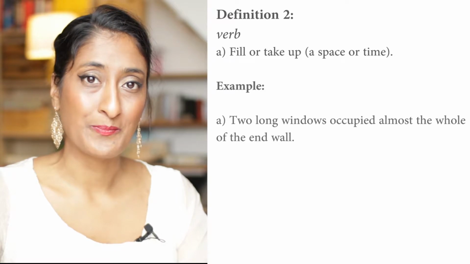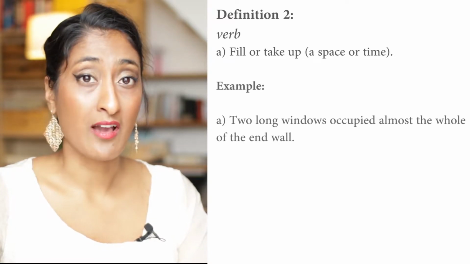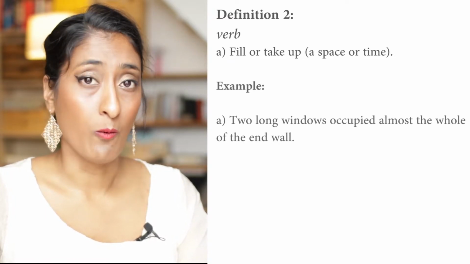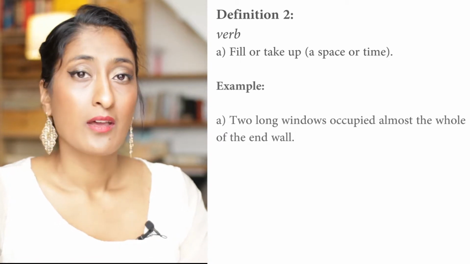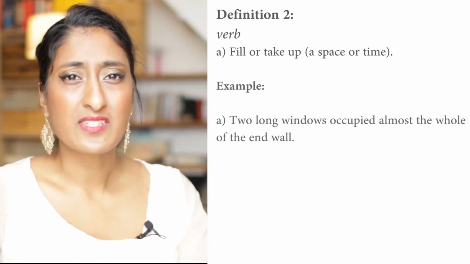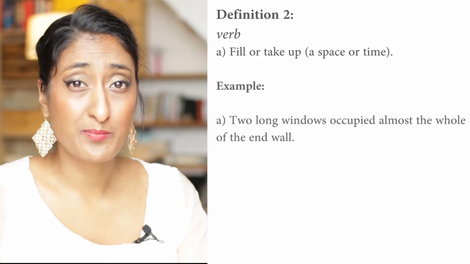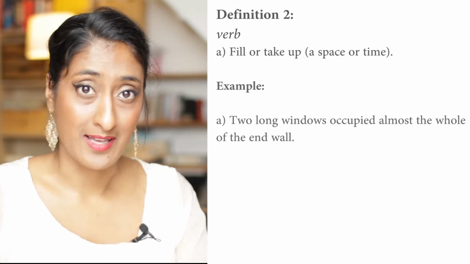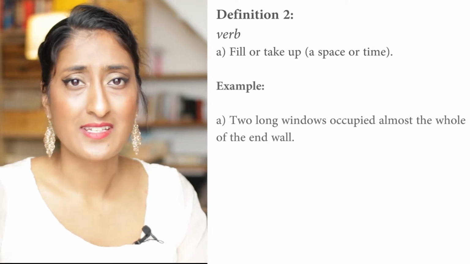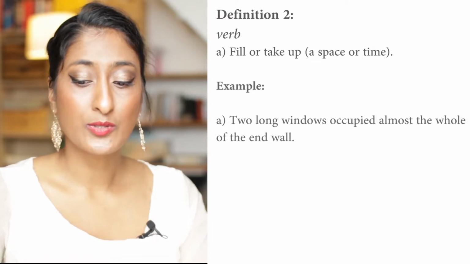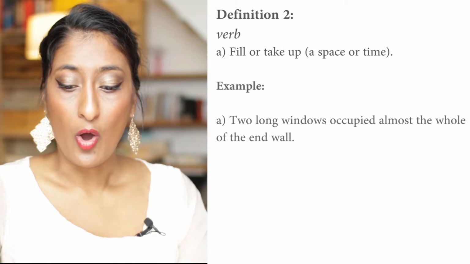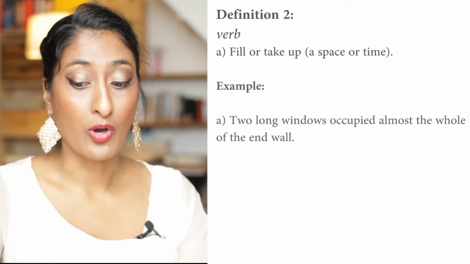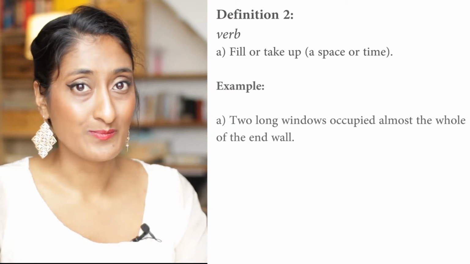Definition number 2. Fill or take up a space or time. So when you have something taking up a lot of space, you can also say that it occupies that space. Here's an example. Two long windows occupied almost the whole of the end wall.